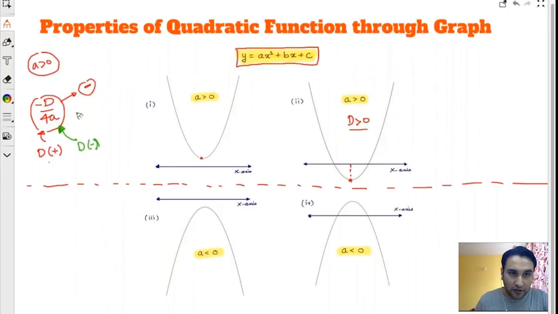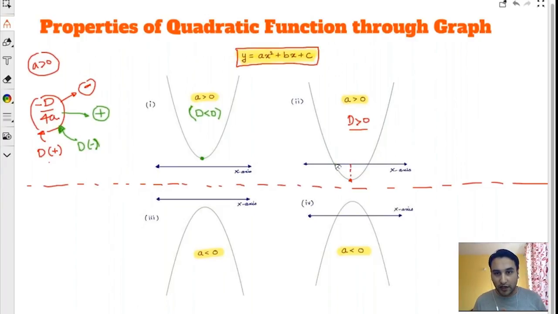A is anyways positive. So this becomes positive. So the y coordinate is positive. Hence the graph is above x-axis or will not intersect x-axis.